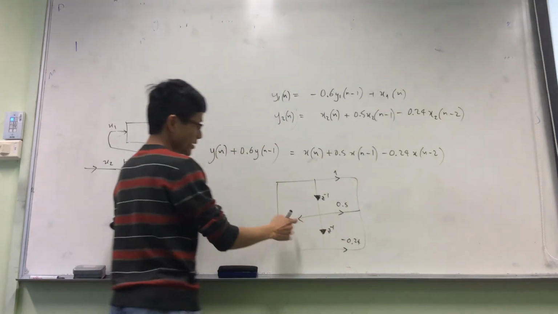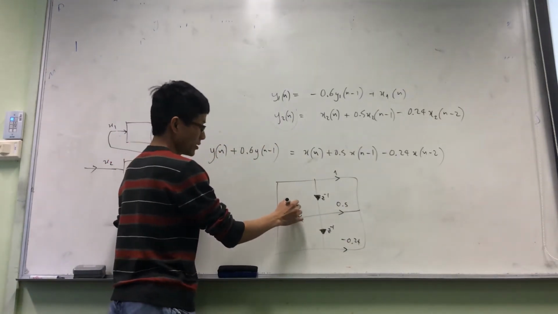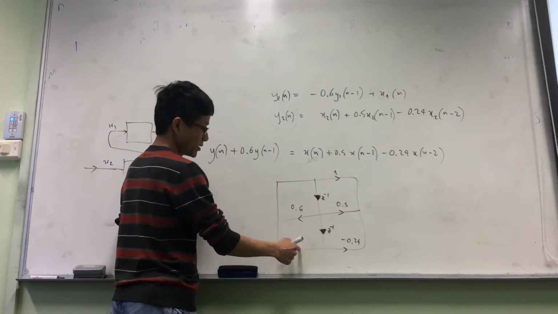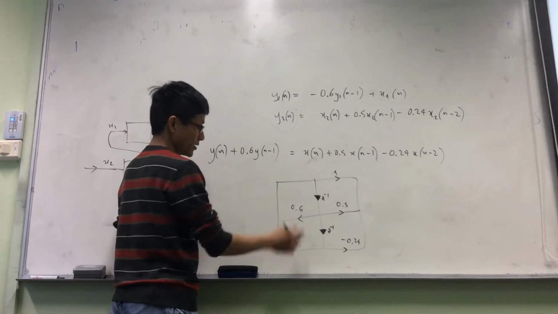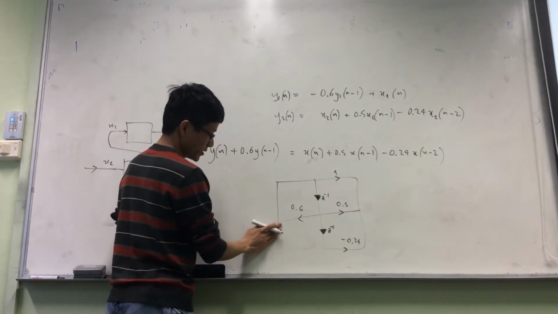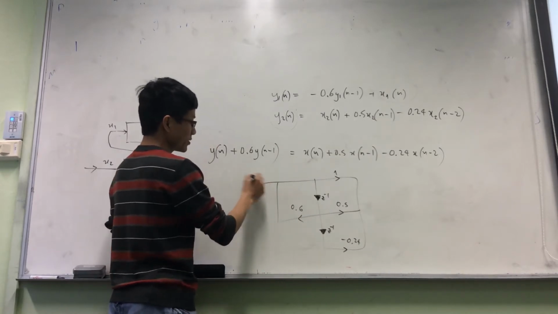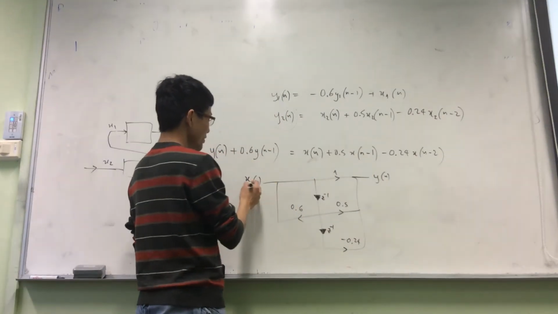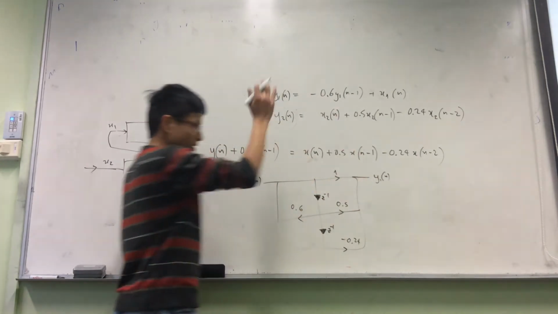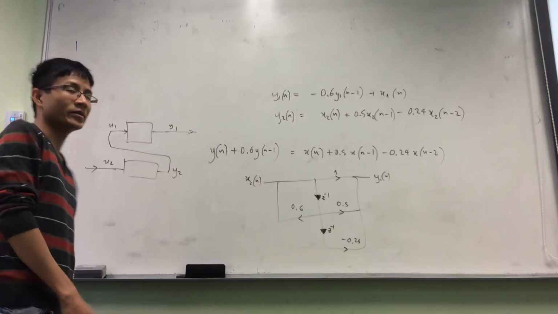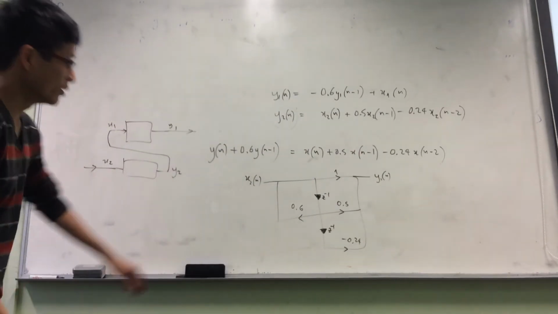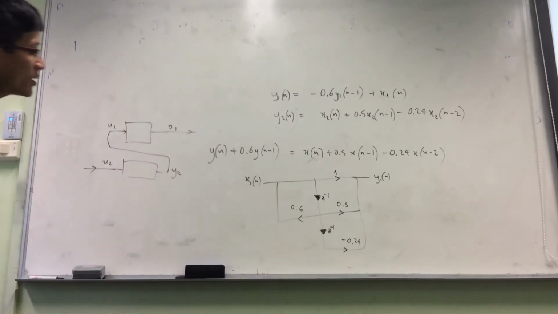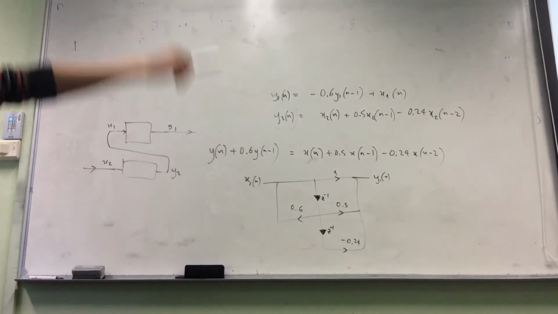How about this one? It's 0, so we don't need to write it. Here you go. This is the overall x, and this one is y. So this is the block diagram of that one.